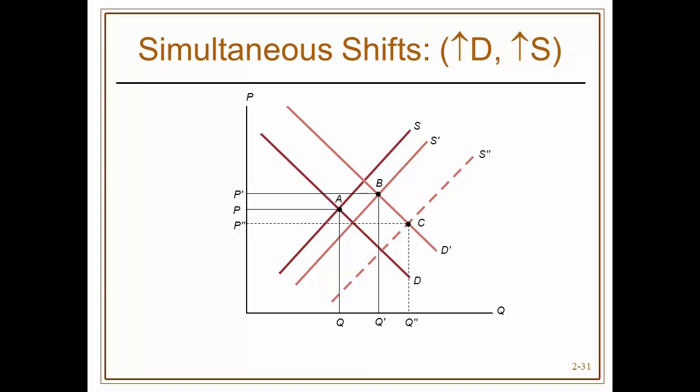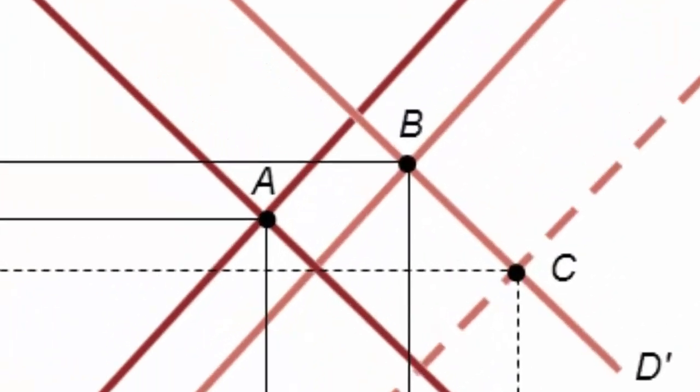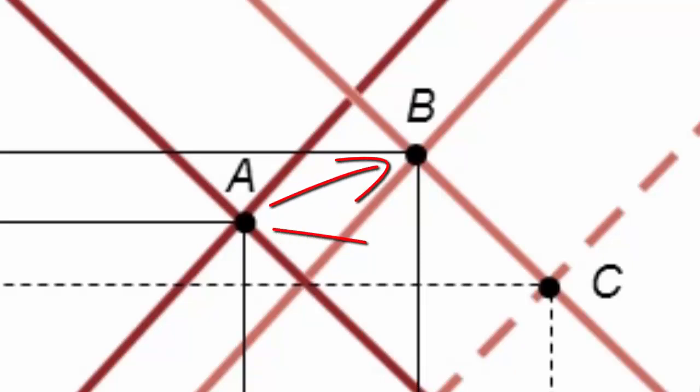Well, I would move from point A to point C then. And again, I'm not quite sure. I know there's going to be an increase in the quantity because both point B and point C show increases in quantity. But point B shows a higher price and point C shows a lower price. So I know for certain that if there are increases in demand and supply, the quantity is going to go up. I'm not quite sure what's going to happen to the price though.